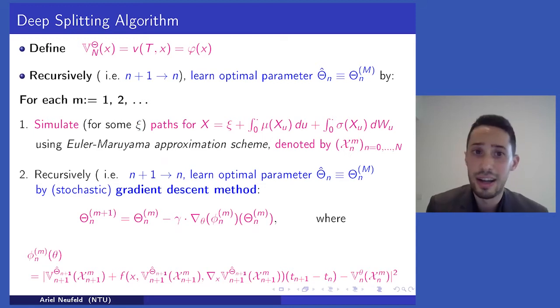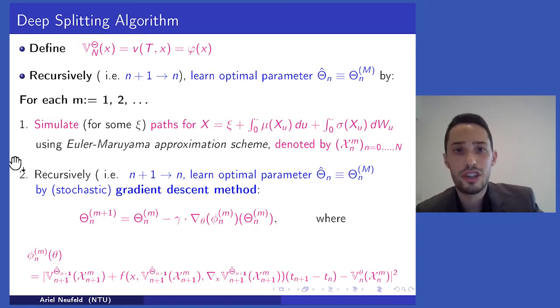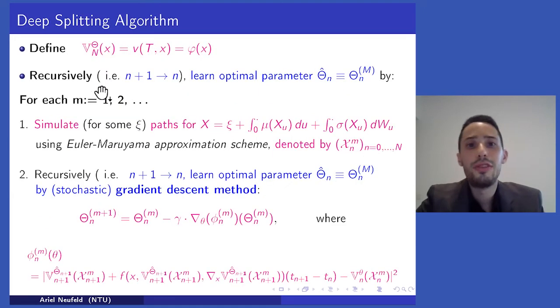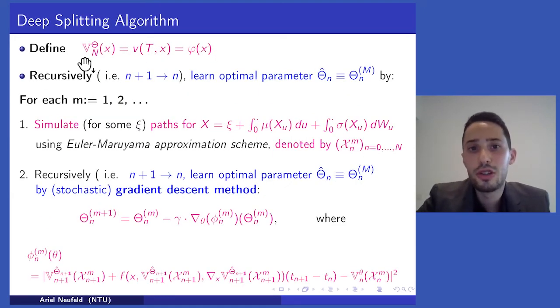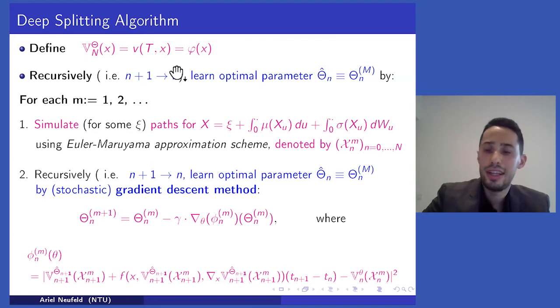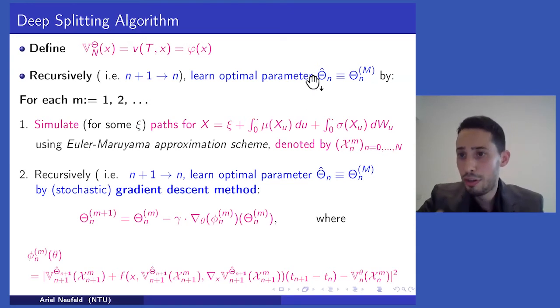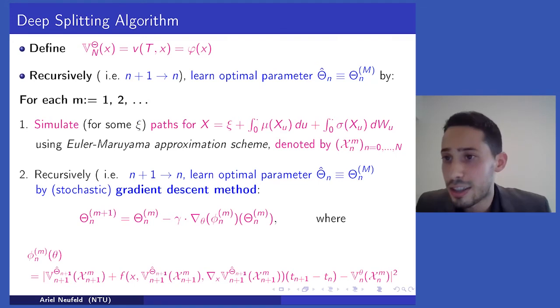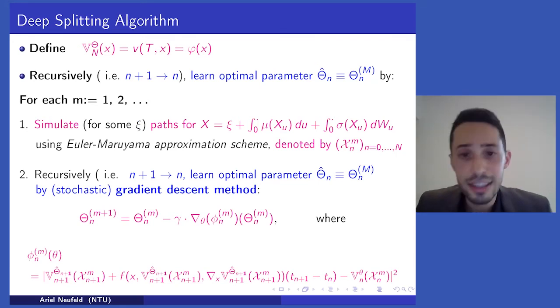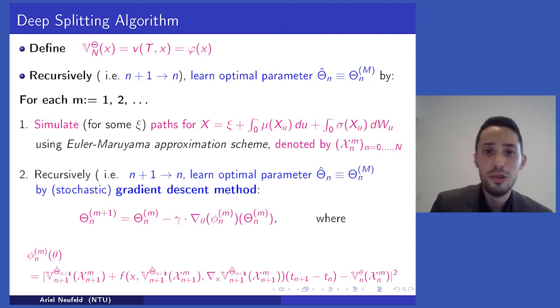So what does the algorithm look like? First of all, the boundary condition is known, so there's nothing to train at the maturity. Then recursively from n plus 1 to n, you learn the optimal parameters of your neural networks using, for example, a classical software like TensorFlow.